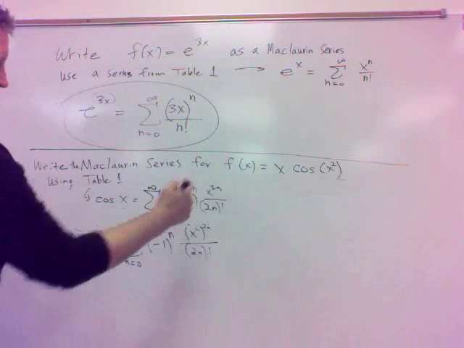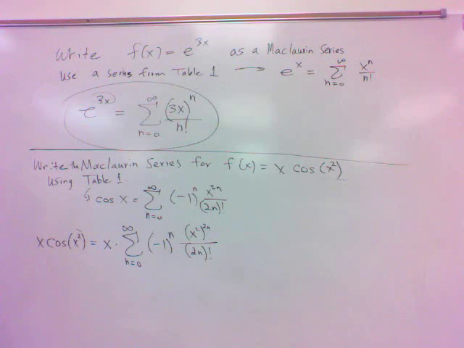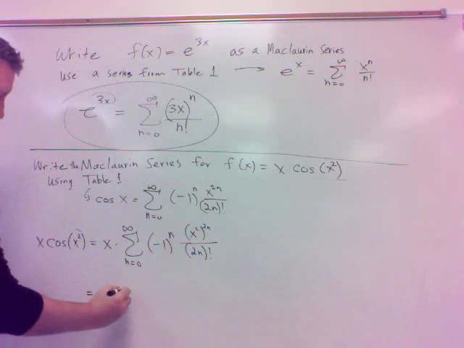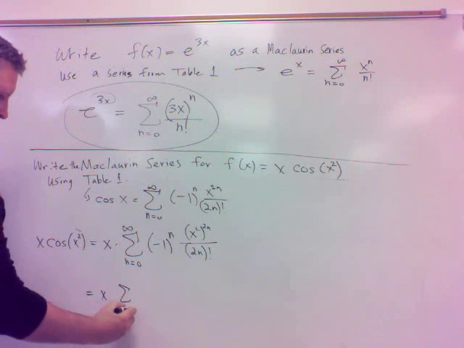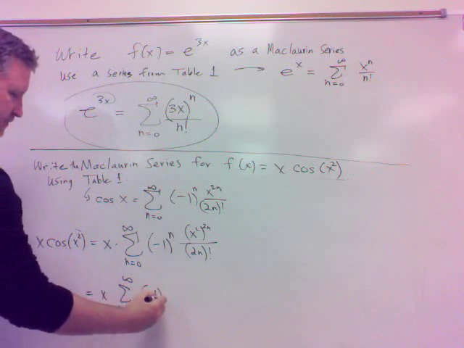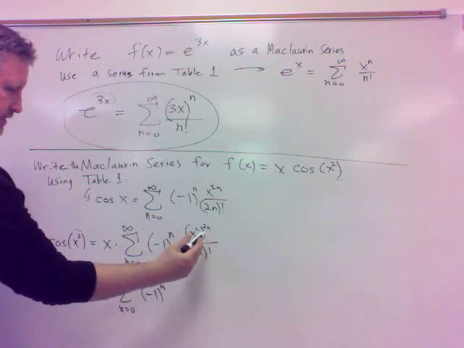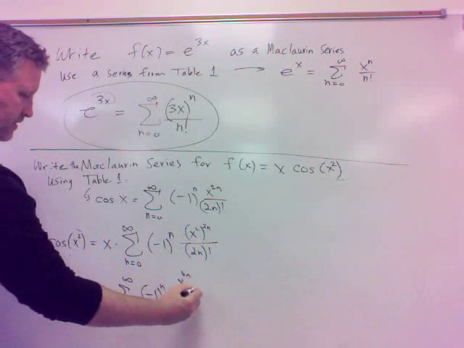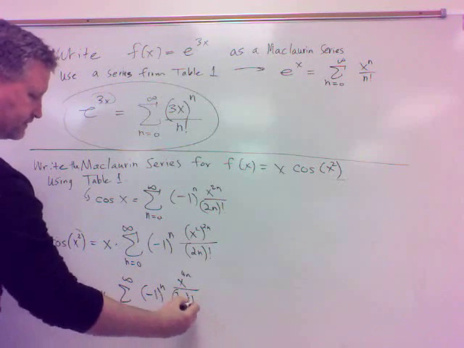So I replace x by x squared. Well, that would be n equals 0, negative 1 to the n, x to the 4n over 2n factorial.